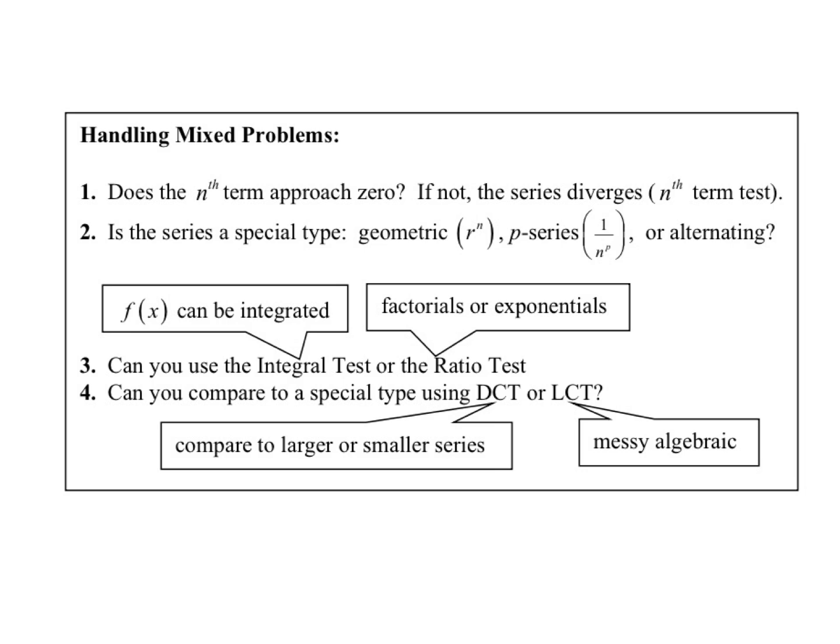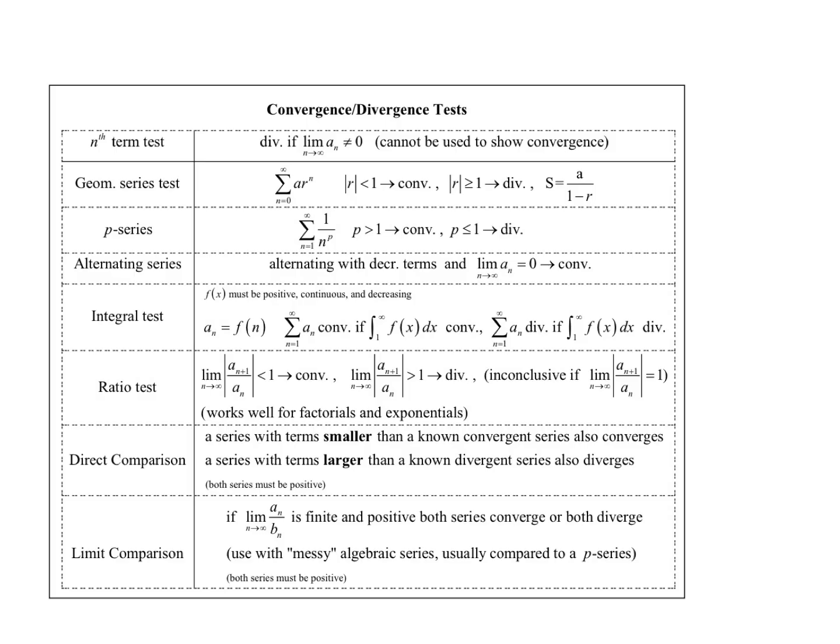Okay, so that's good. And then the last thing is, here they are, all the tests we're ever going to have. You've got a little less than 2 months to get really good on these, and we will continue to practice with them. But here they all are in one place. There are some little hints in there as well.